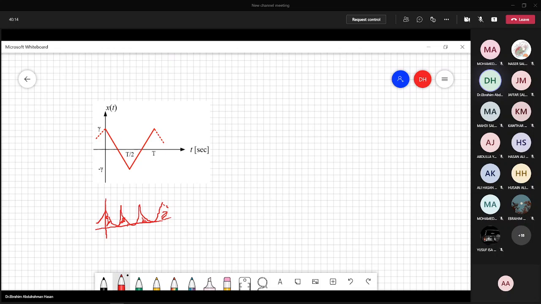And the average power is equal to 1 over T times the integration of x squared of t dt, from minus infinity, sorry, from minus T to T. And it is equal to x effective squared.